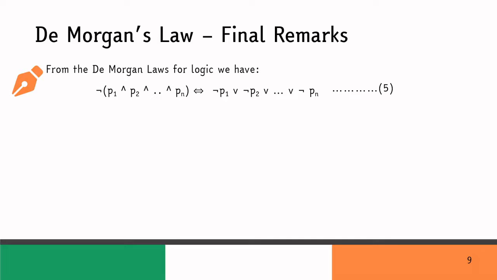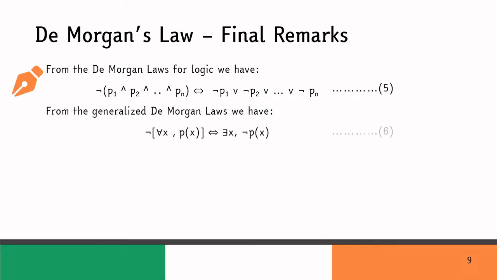Let this be statement number 5. From the generalized De Morgan's law, we have the expression negation of for all x such that P of x is equivalent to there exists an x such that negation of P of x. Let this be statement number 6.